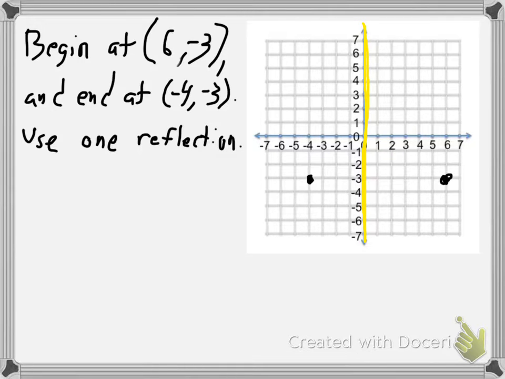Okay, so if I'm beginning at 6, -3, and I need to end at -4, -3, the first thing I'm going to need to do is get the opposite of -4, which would be a +4. So if I need to get to a +4, I'm going to need to move 2 spots to the left.